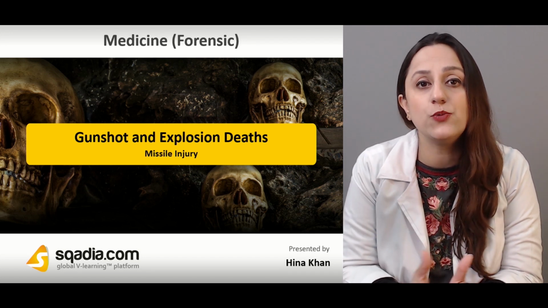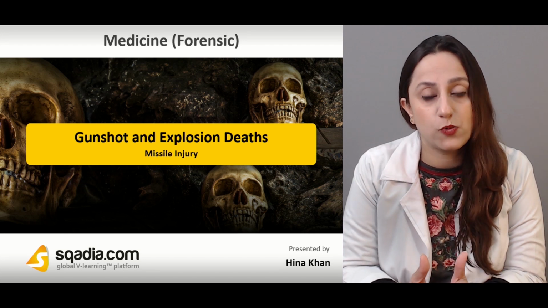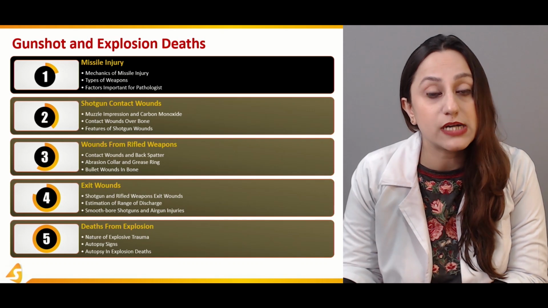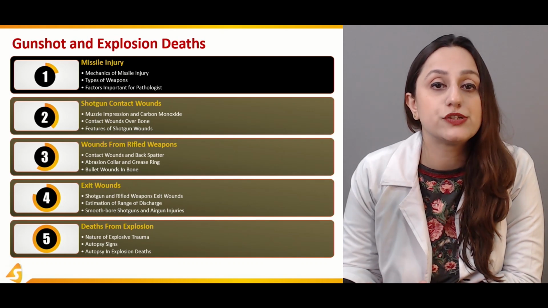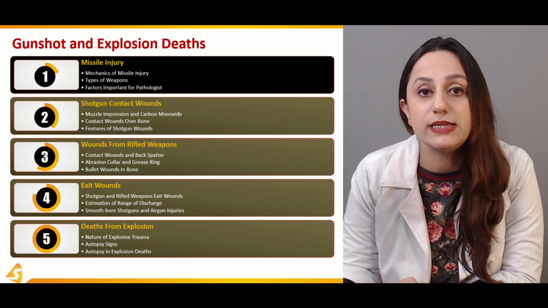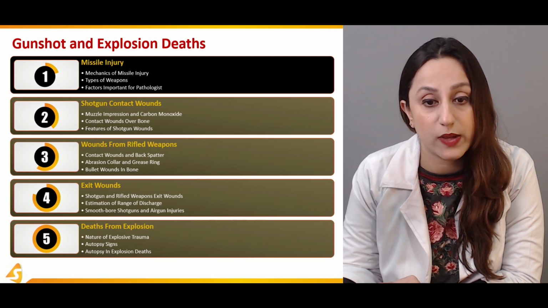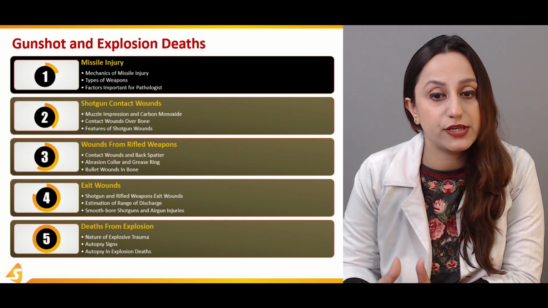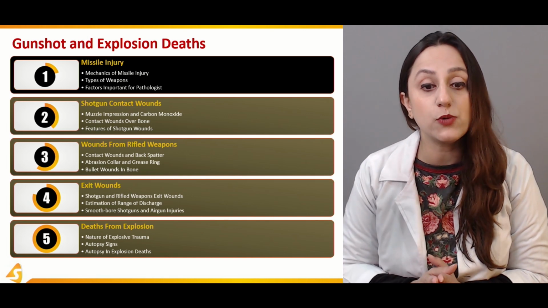So that is what we are working with when we are dealing with missile injury, how it occurs, and why it is important for a forensic pathologist to know all these facts and the underlying mechanisms as well.